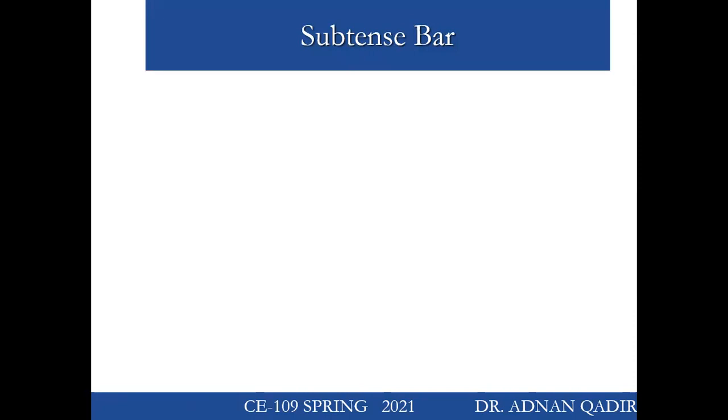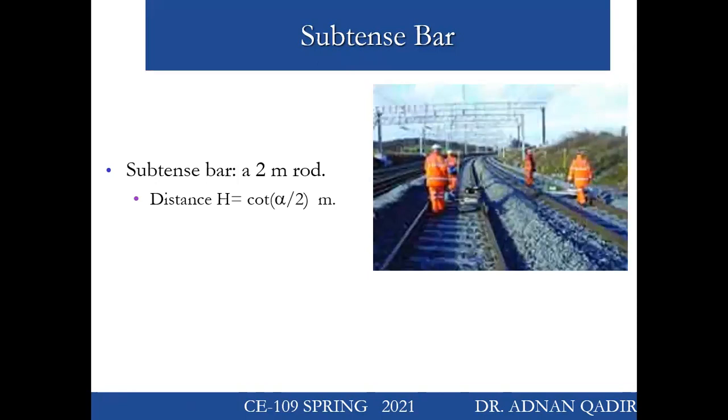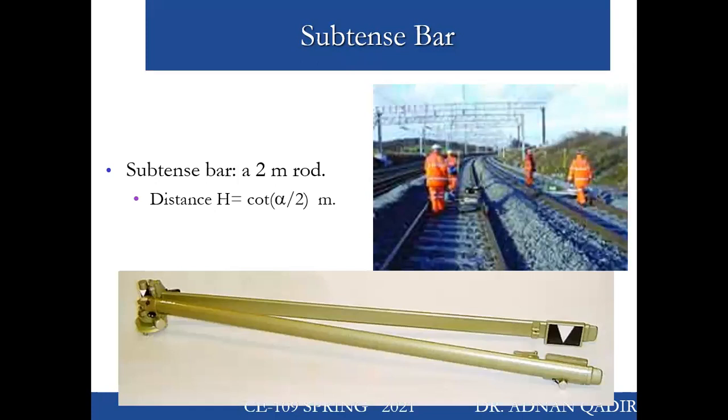Now we go to another instrument, that's a subtense bar. It is a 2 meter rod, and whatever the distance is, simply h is equal to cot alpha by 2 meter. So what you do, this is a rod with openable end, you stretch it fully and you sight it from some telescope.